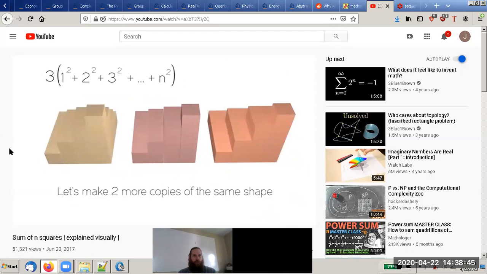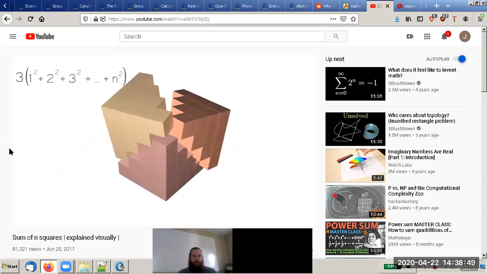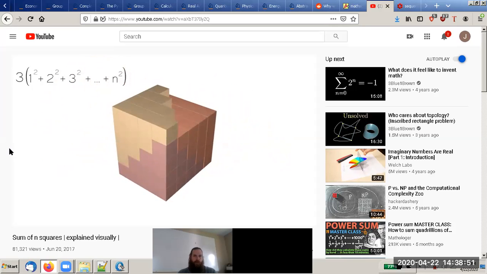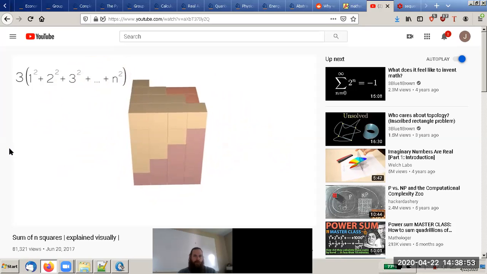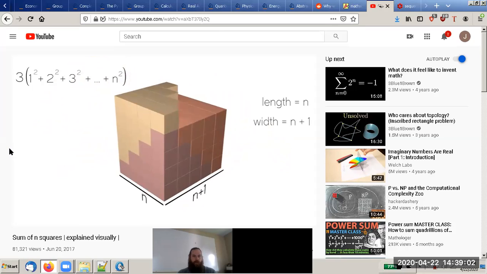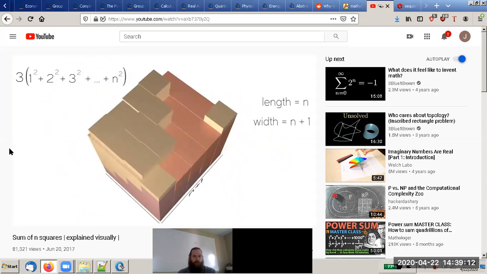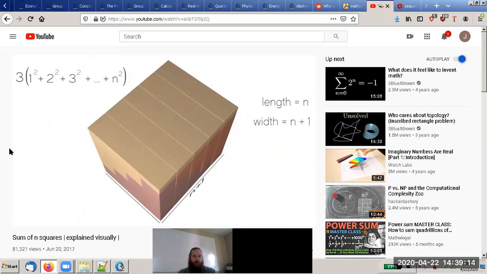They generate 3 more of these things, exactly the same. I'm going to put them together. That dimension is n, the height here. That's cute.